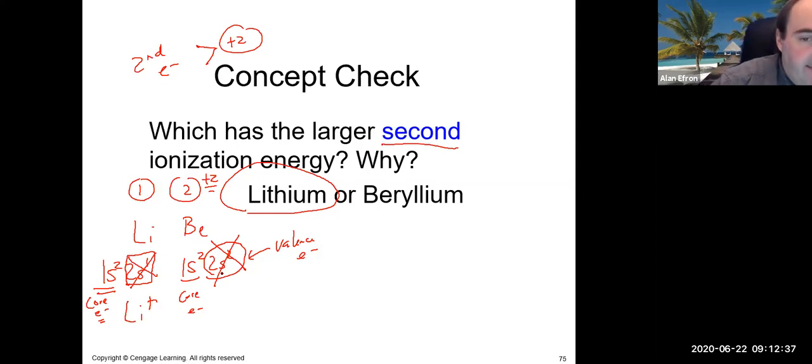That doesn't take as much energy as opposed to lithium, where the second electron would be that core electron. And that's why you will never see lithium with a +2 charge, because you would be delving into those core electrons and it would take too much energy to remove those. Any questions on that?